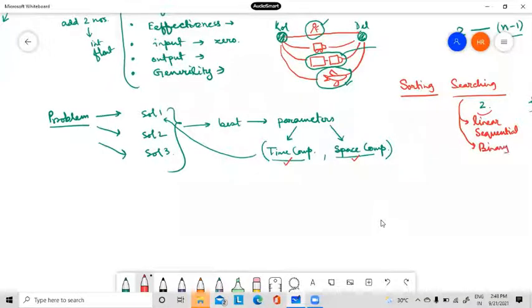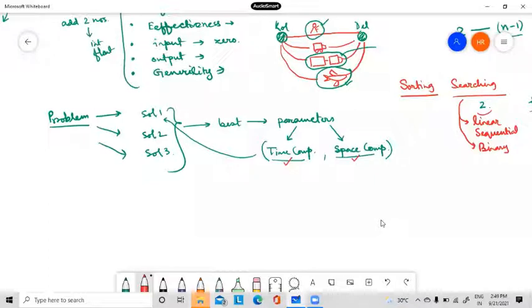But this is a very vital question: is it true that binary search requires less time? But if you think properly or deeply, you will see that in case of binary search, your data must be in sorted order.